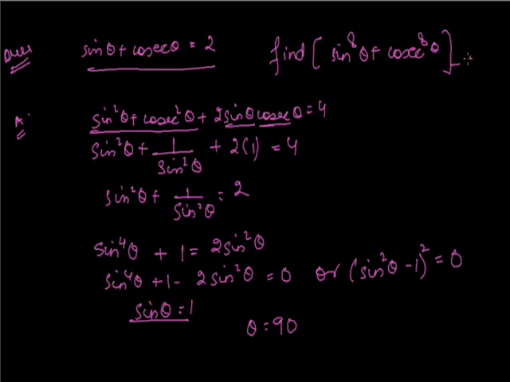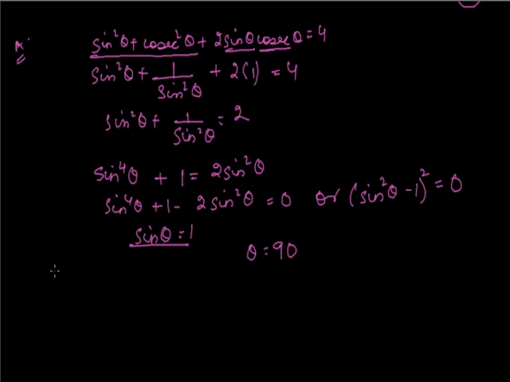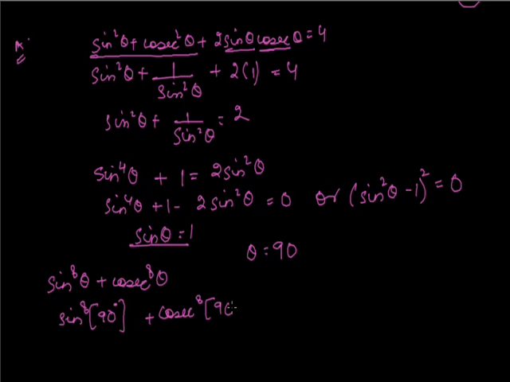Then I will be putting this in the expression in our question, sin to the power 8 theta plus cosec to the power 8 theta. Sin to the power 8 of 90 degrees plus cosec to the power 8 of 90 degrees. This will be 1 plus 1, which is equal to 2, which is our desired result.